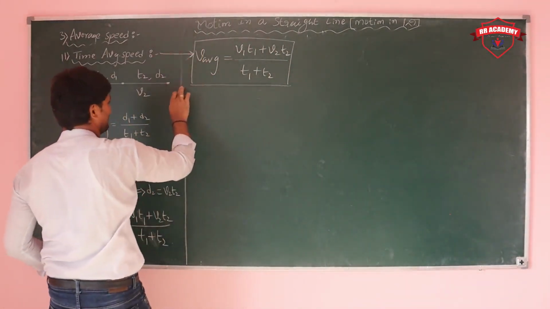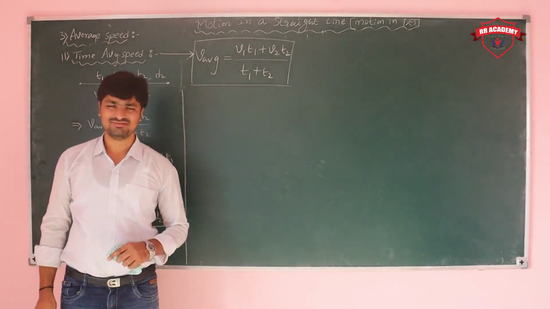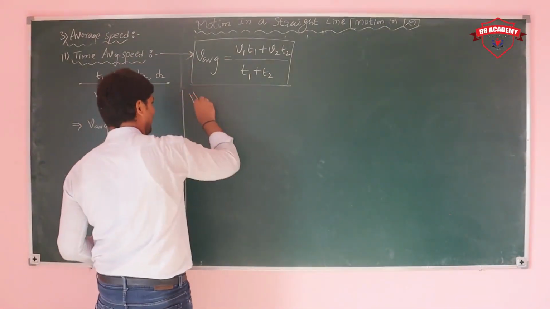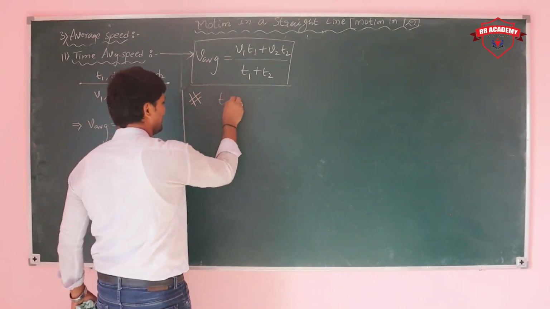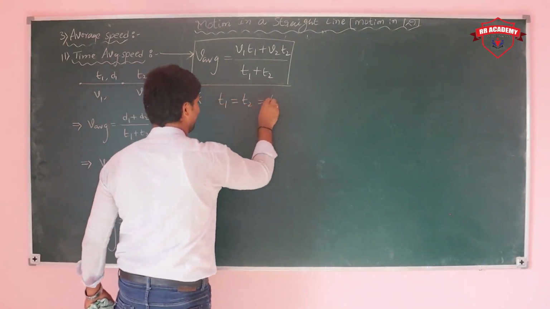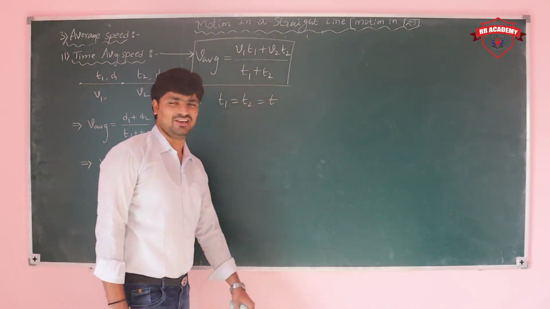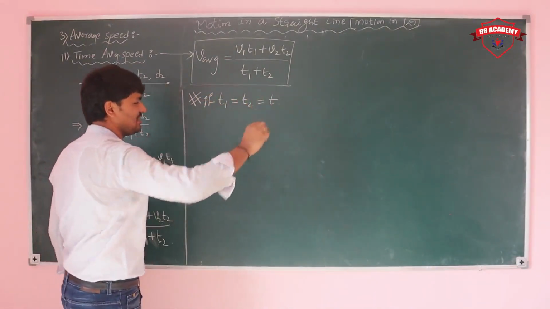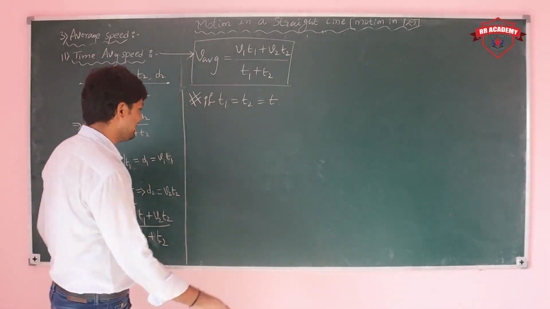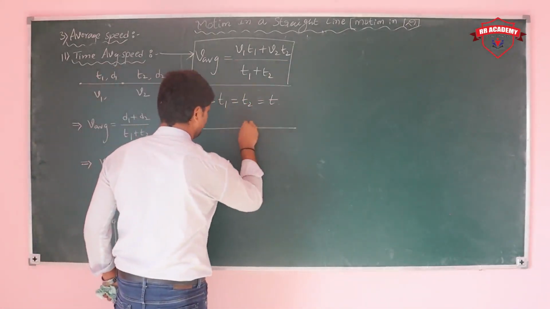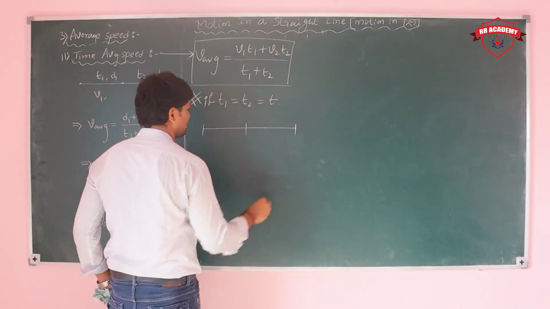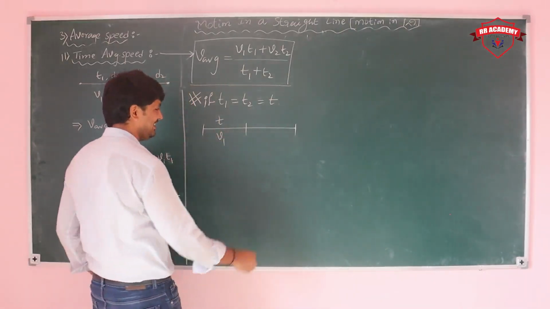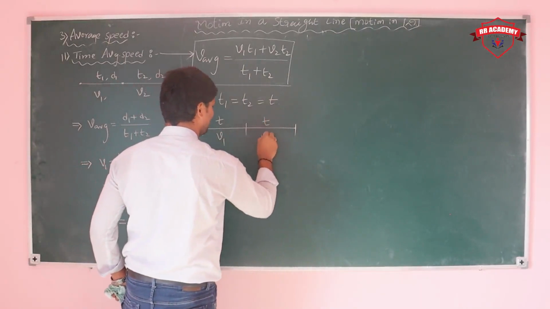Time average speed. In case the particle travels t1 is equal to t2 is equal to t seconds, that is, equal intervals of time, then see here. First t seconds with the v1 speed, next t seconds with v2 speed.